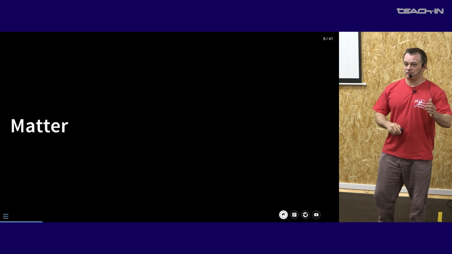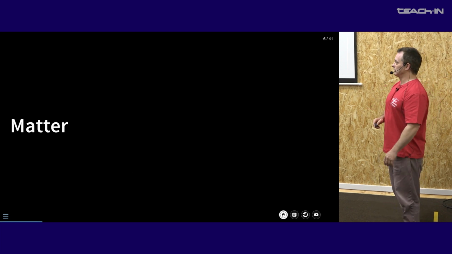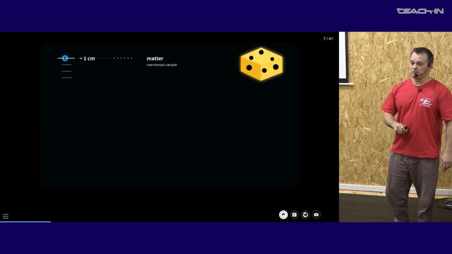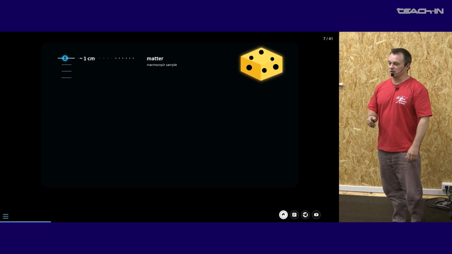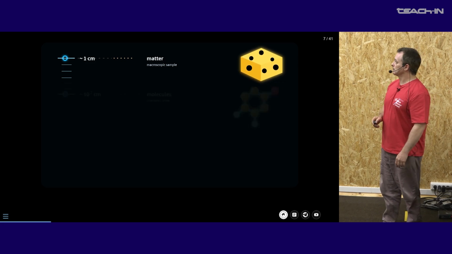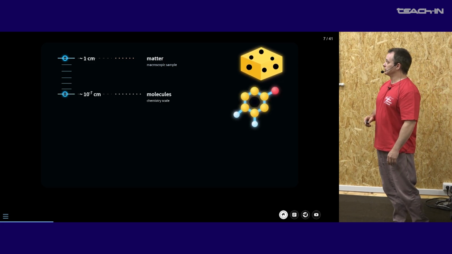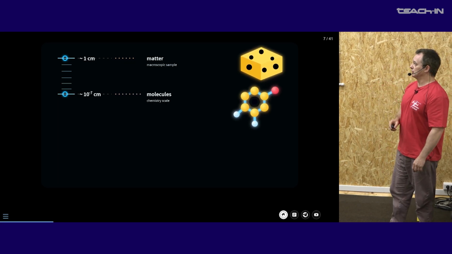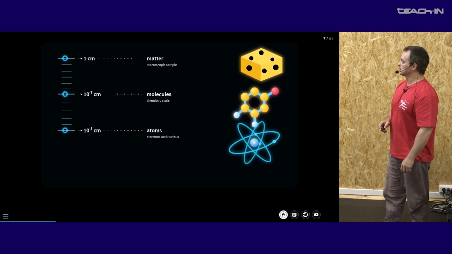Now let us dive, in a simplified way, into the organization of matter. If we take a piece of cheese, its typical size is about 1 centimeter. If we go deeper, it is constructed of molecules, on the scale of 10 to the minus 7 centimeters.